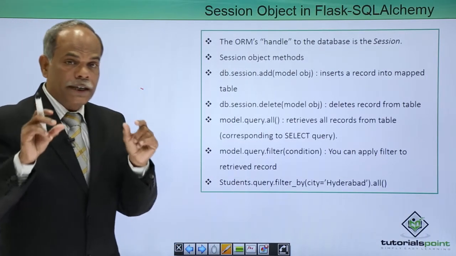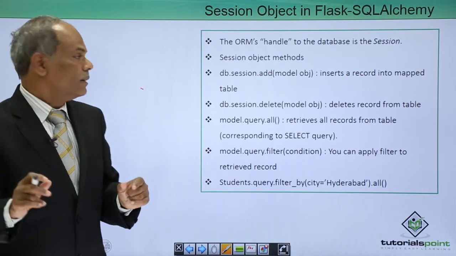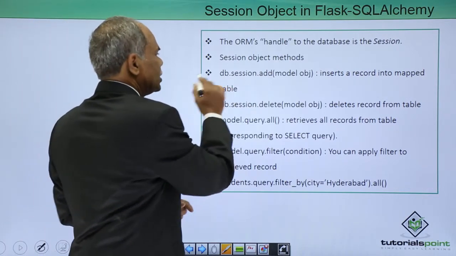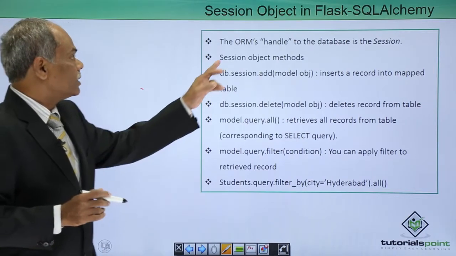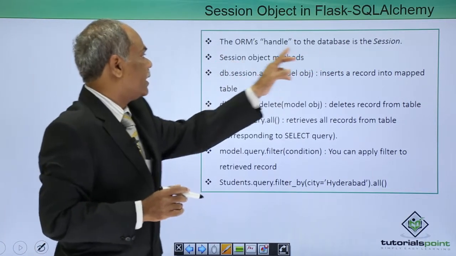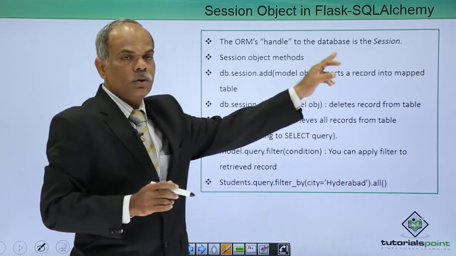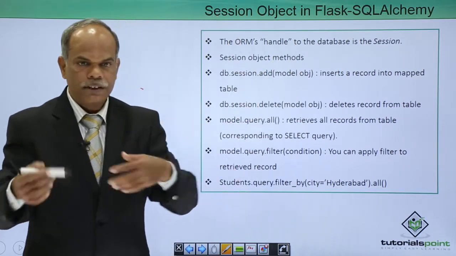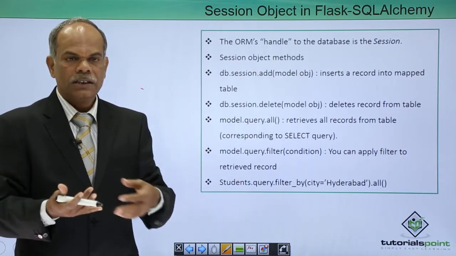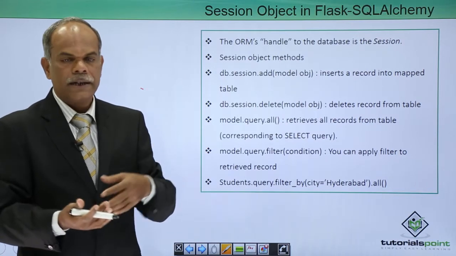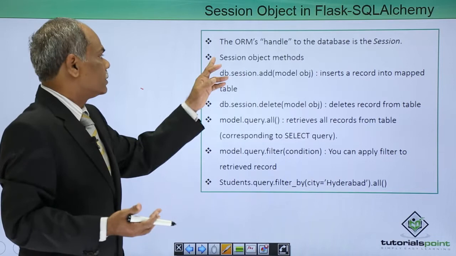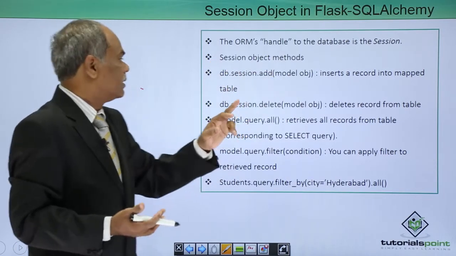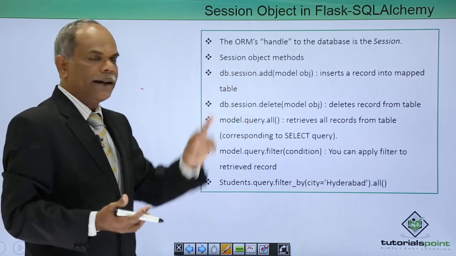This db object has a session object, db.session. This session is the ORM's handle to the database. All the activities like inserting a record, deleting a record, updating a record, have to be done with the help of this session. One session method is session.add.